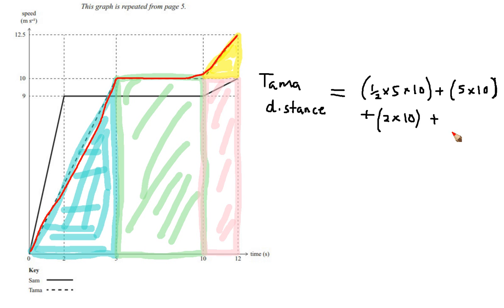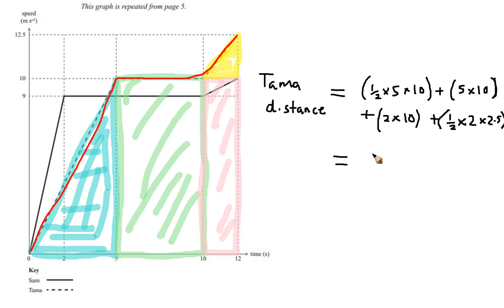So that last little triangle is going to be, sorry, it's a terrible bracket there, half times, now the base there is 2, and we've gone up there by 2.5, 2.5.